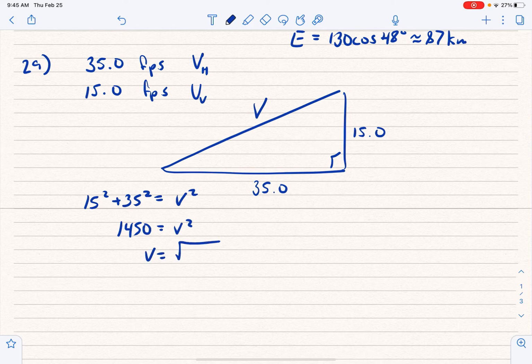So therefore, the velocity is equal to the square root of 1450, which is about, in terms of 3 sig figs, 38.1 feet per second. And we double check that. And yes, we feel good about 38.1.